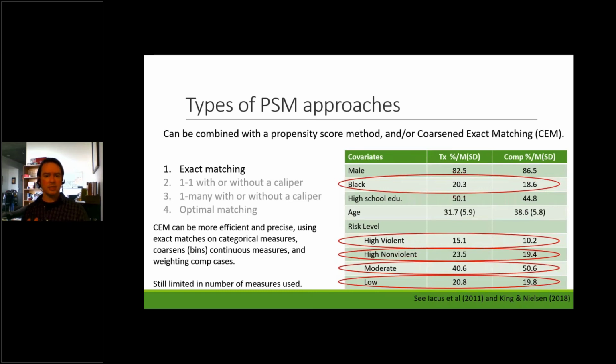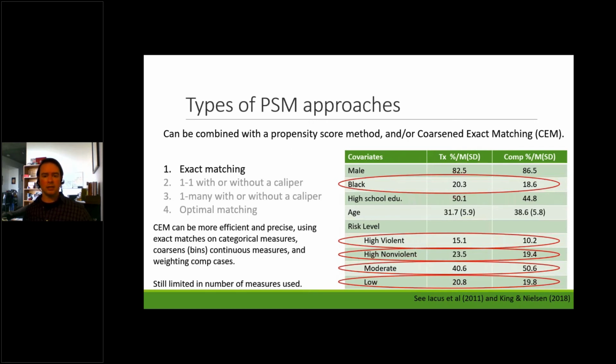However, it still can only take on about a fraction of the measures used in other techniques. So you still can't have a whole lot of measures. But if you have a few, and a lot of them are continuous in particular, then CEM might be a really strong option for you.